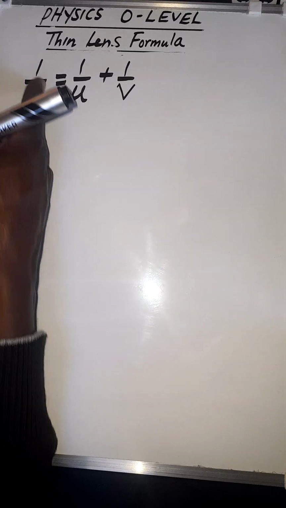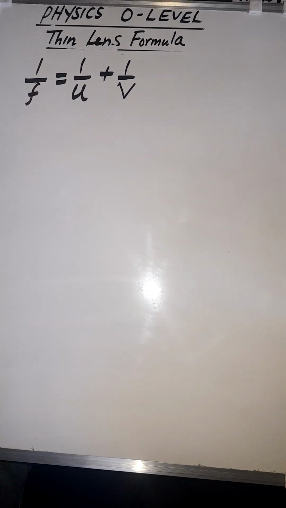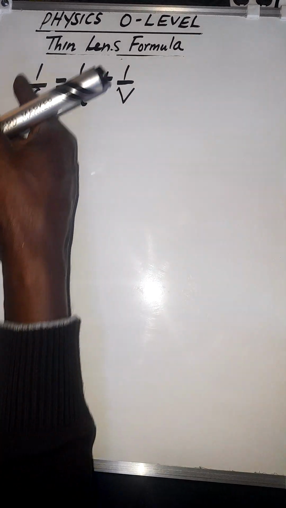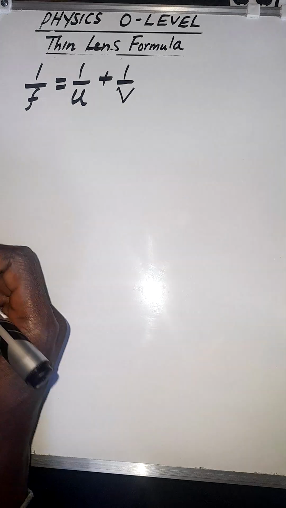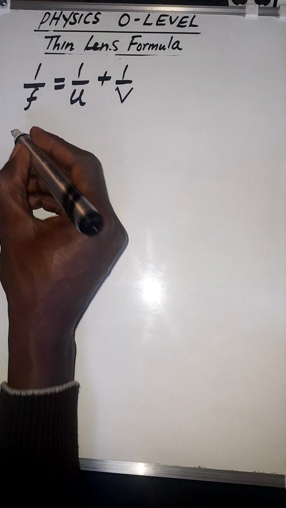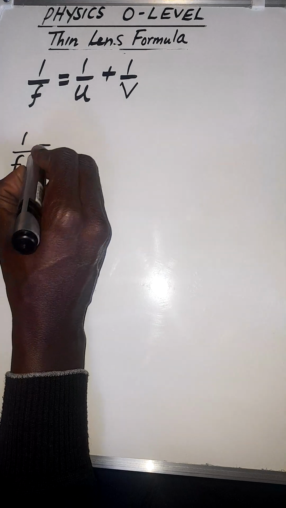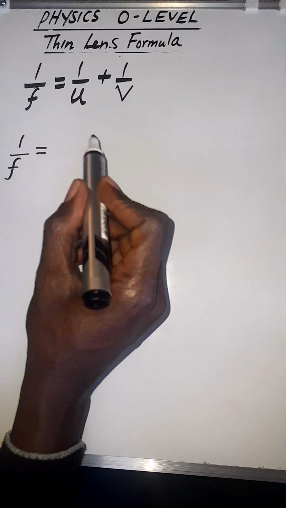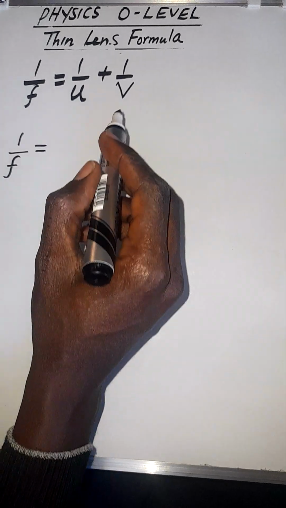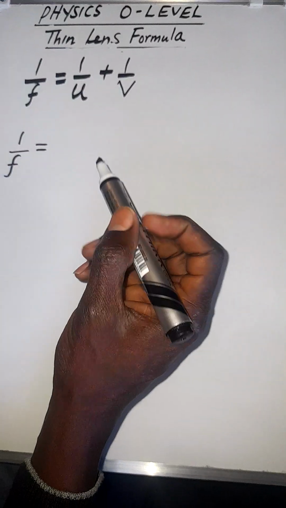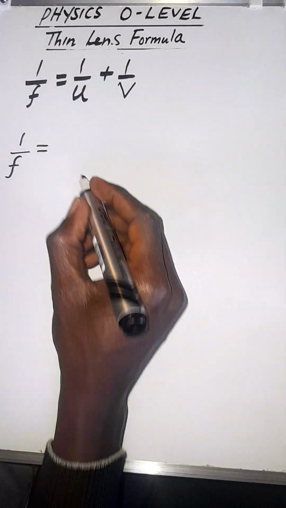Now sometimes they may tell you to find the focal length, so we can rework this formula so that we've reduced it to its simplest form that you can work with. If you notice there, we can carry out simple algebra by saying 1 over the focal length will be equal to, we find the common denominator for u and v, which is simply uv.